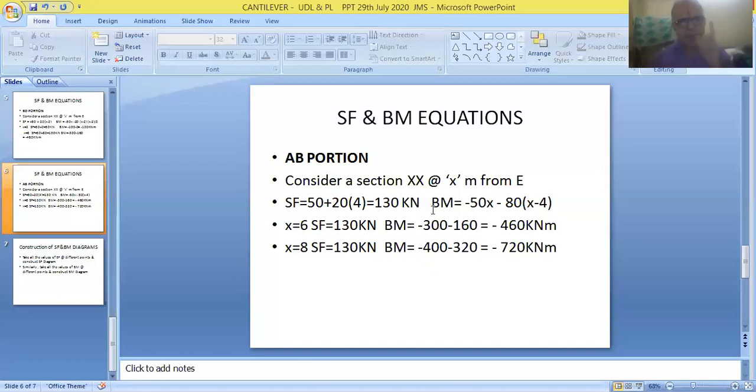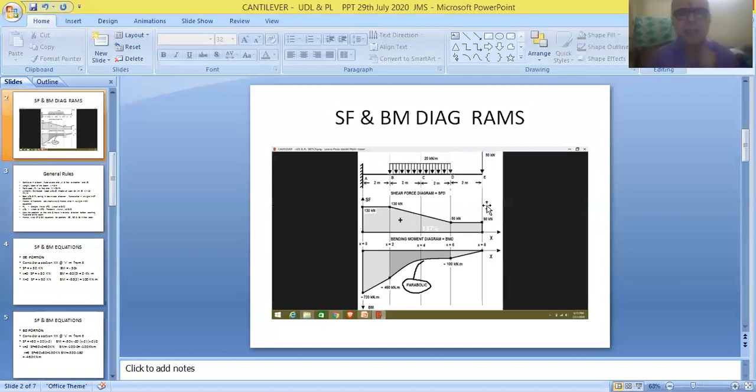Secondly, we can write the bending moment equation. This is written as minus 50 into x, and minus 80 into x minus 4. That means, coming back to this diagram, the UDL is converted into a point load that is acting at the center of this region. So you are considering a section at this point at a distance of x meter from the free end.